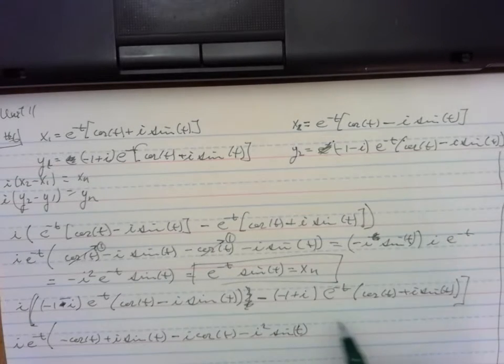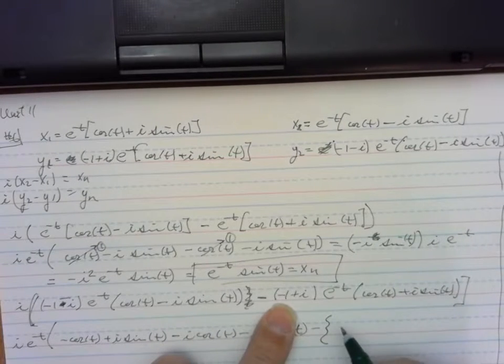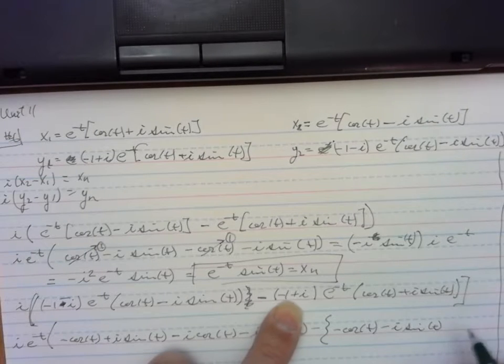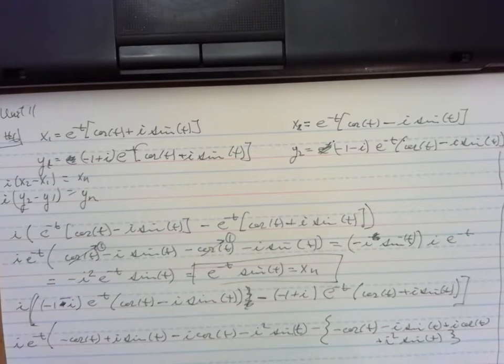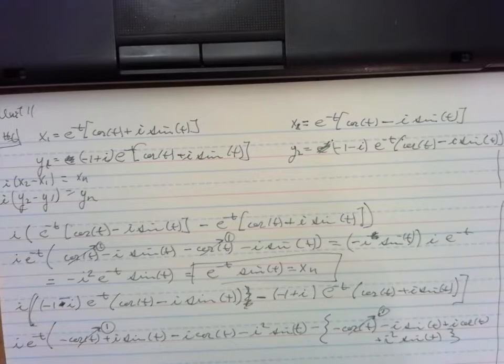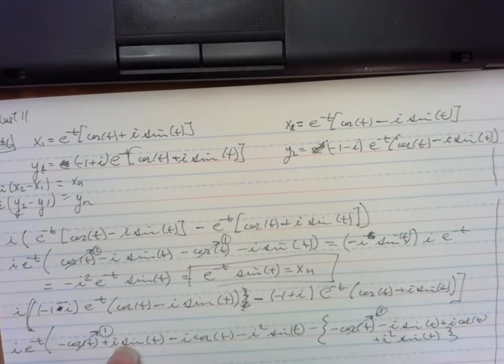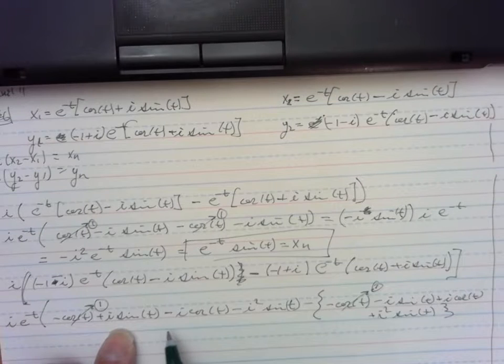And then I've got this algebra over here I need to deal with. So let's deal with that. I've got a minus cosine of t minus i sine of t plus i cosine of t plus i squared sine of t, all multiplied times your minus sign. So I got a minus and a plus, so this cancels with this, and I got an i sine of t here, and where do I have another i sine?